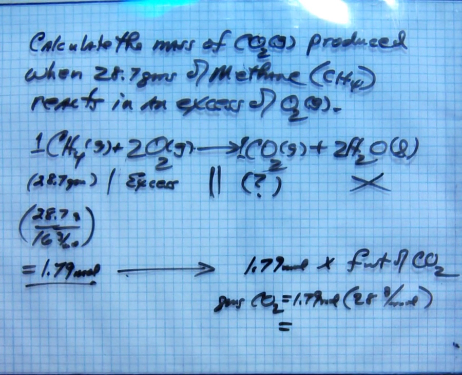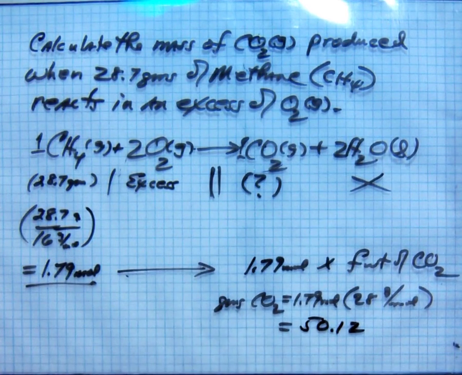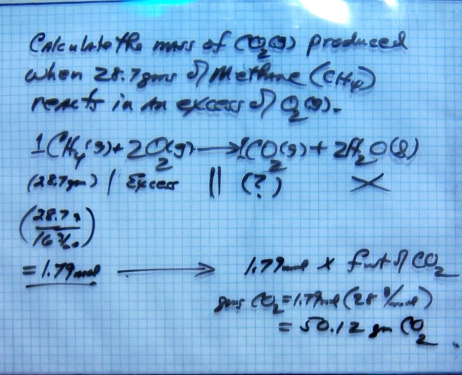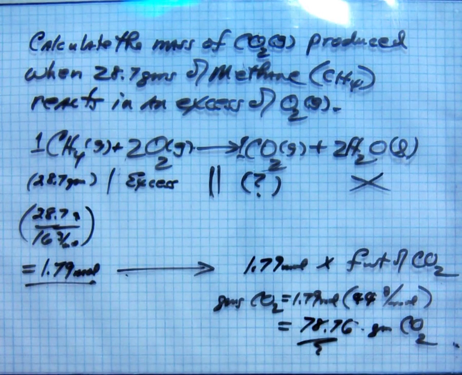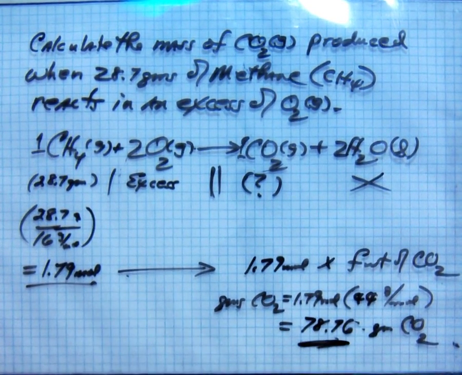Stop. Am I not done? 1.79 times 28 equals, CO2. Corrected. Okay. So 78.76 grams.